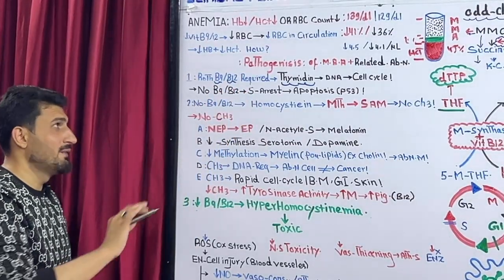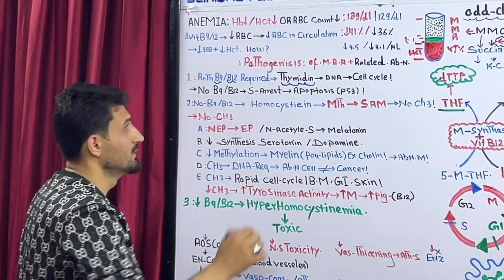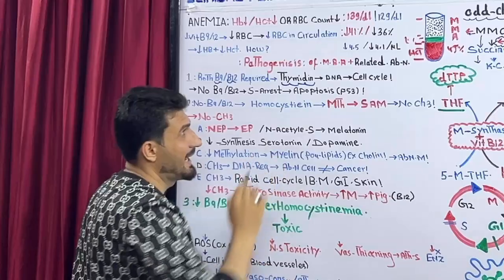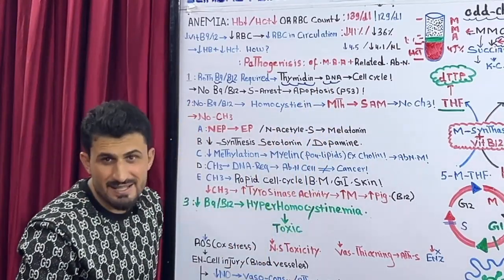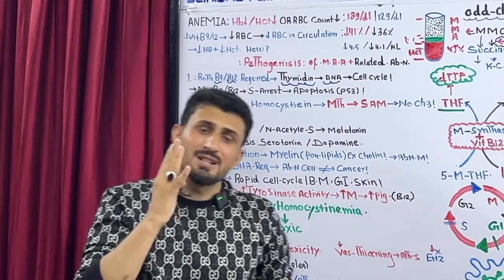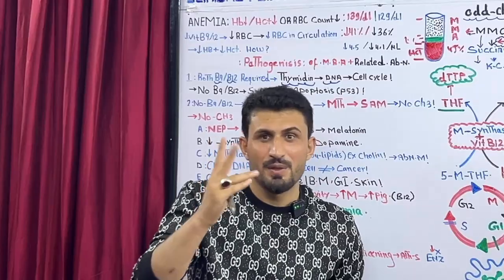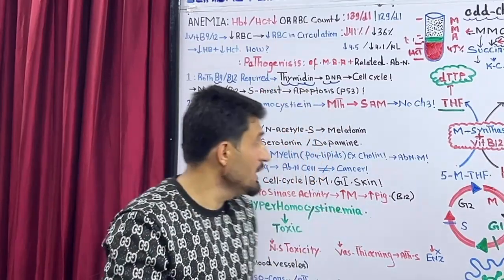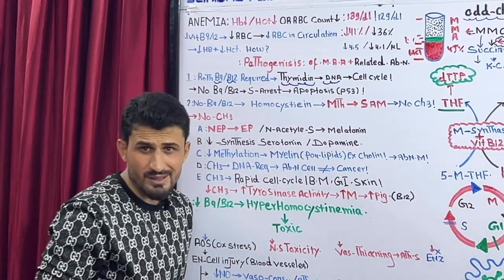So if we don't have enough vitamin B9 and vitamin B12, we will not make enough thymidine, and we need thymidine for DNA synthesis, because this is a nucleotide, and we need 4 nucleotides for the making of DNA, and they are adenosine, guanine, thymidine, and cytosine. So one of these is thymidine.